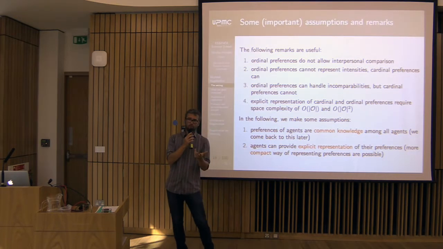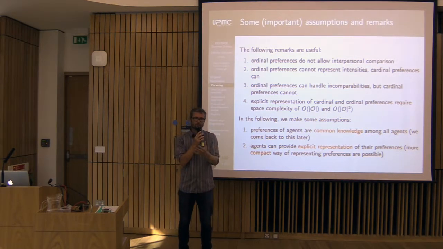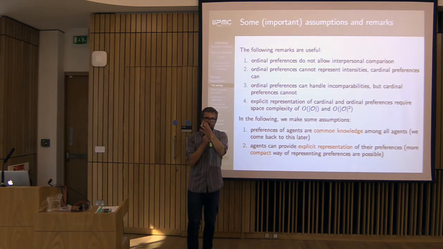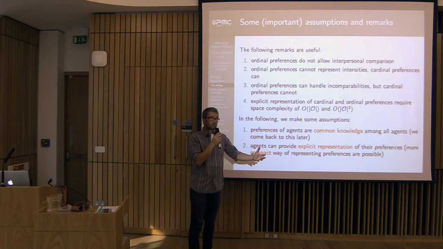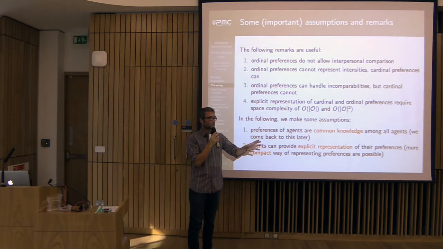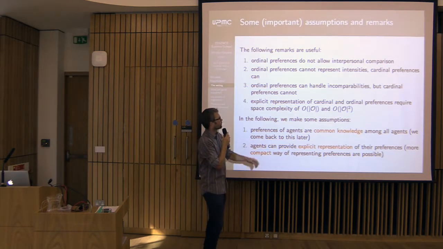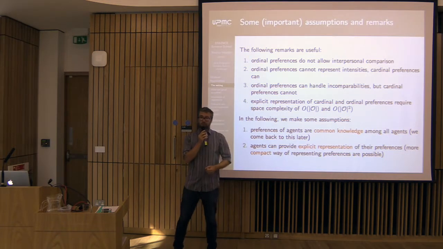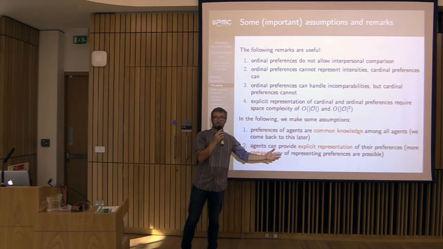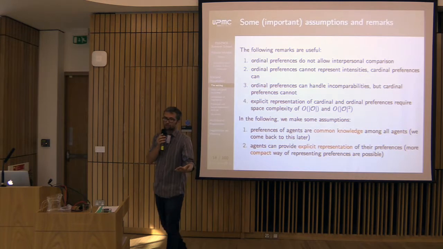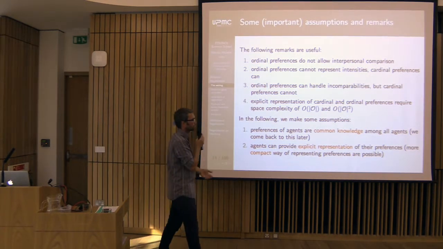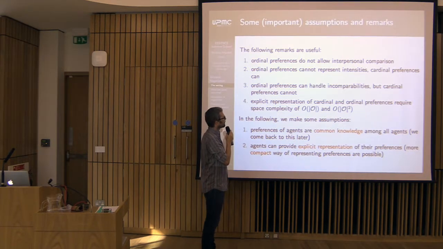So I can just decide that my ordering is not complete, and I can say, okay, this outcome O1 is just incomparable to me with O2. If you have cardinal preferences, you cannot, because you express something in some value and you can always compare these two values. If you have utilities, then you cannot express incomparability.